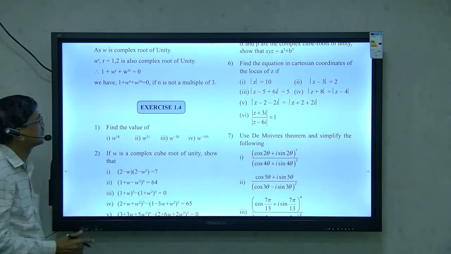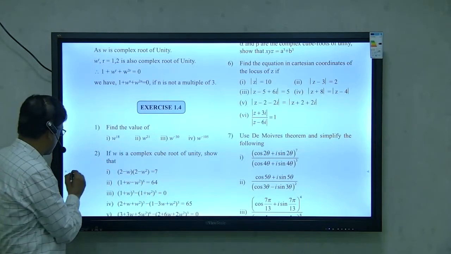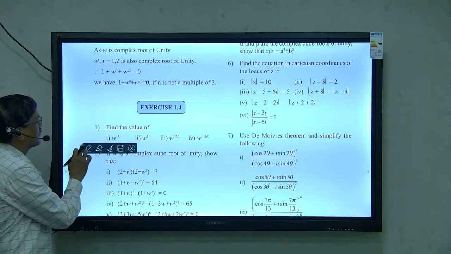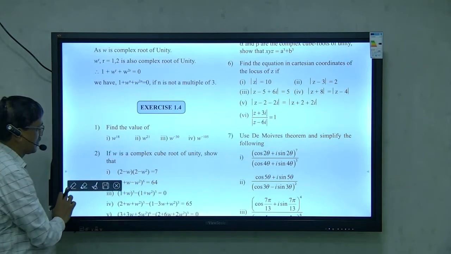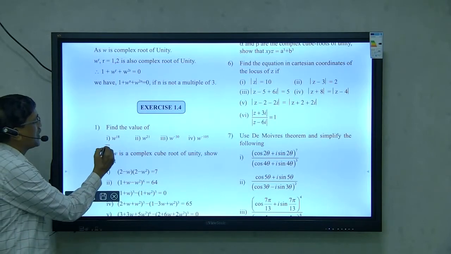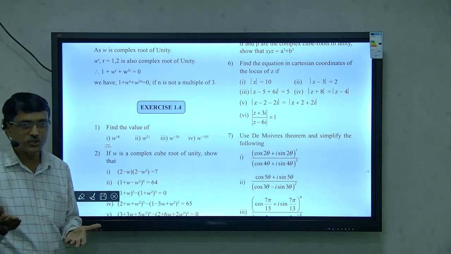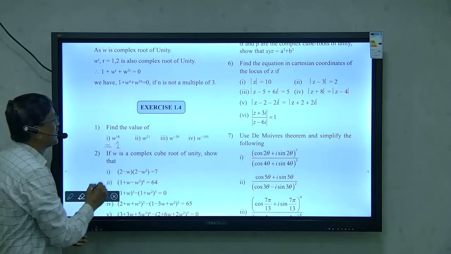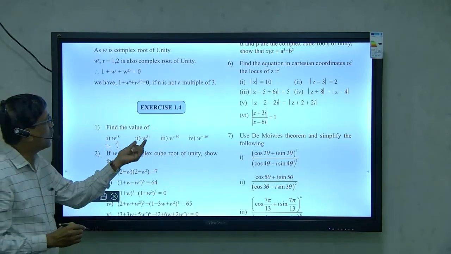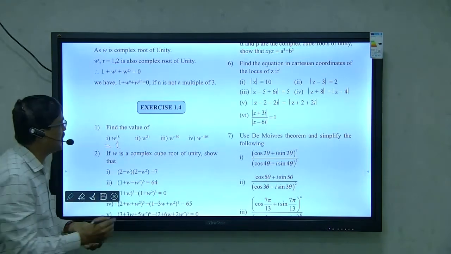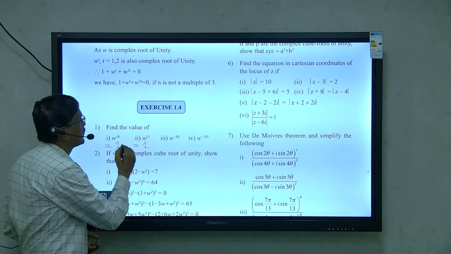See here. First, omega raised to 18. We know that 18 is a multiple of 3. So its value is 1. We can write it directly. Omega raised to 21. Again, 21 is a multiple of 3. Its value is 1.